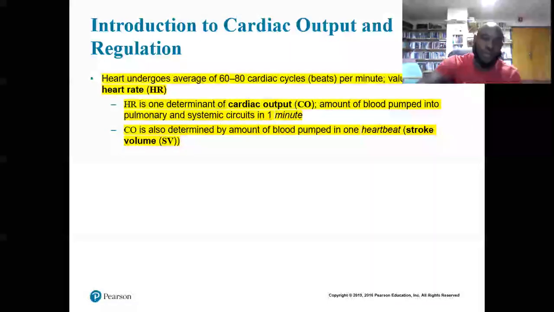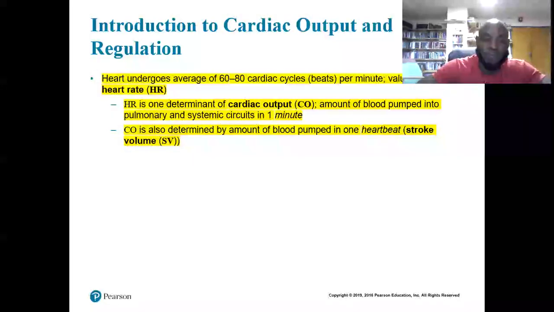That would be just an easy example. So your stroke volume is how much blood is pumped per beat. Your heart rate is how many beats per minute. Your cardiac output is the combination of beats per minute and how much your stroke volume is per beat.